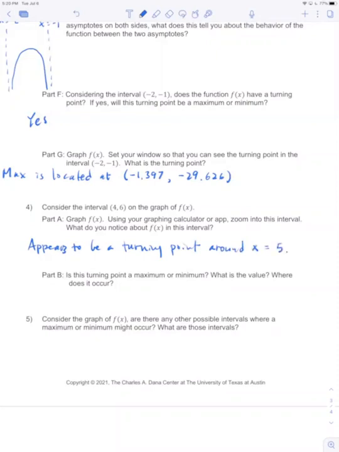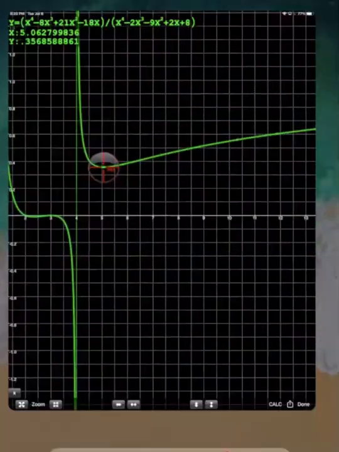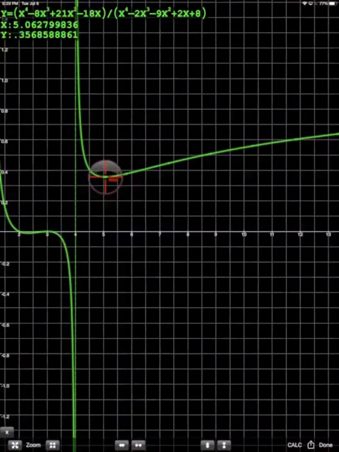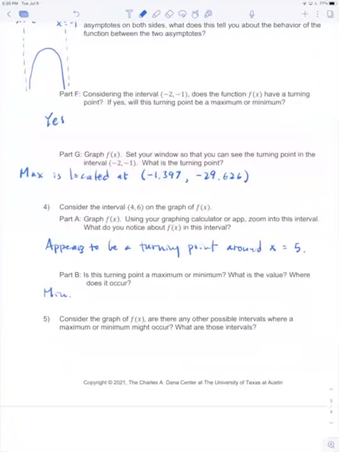Part B, is this turning point a max or a min? What is the value and where does it occur? So it's going to be a minimum. Let me go back and peek at the graph once more. Okay. So I'm just looking at the x value and the y value there.